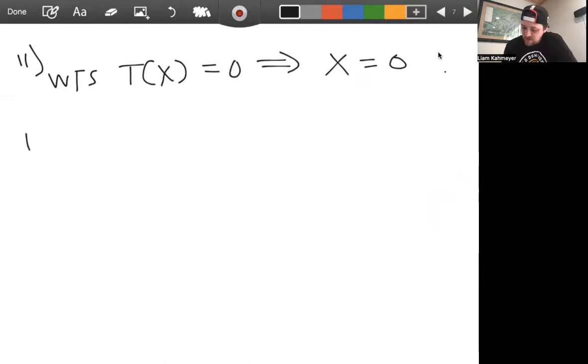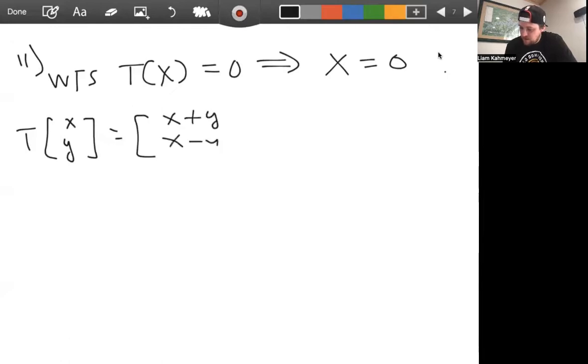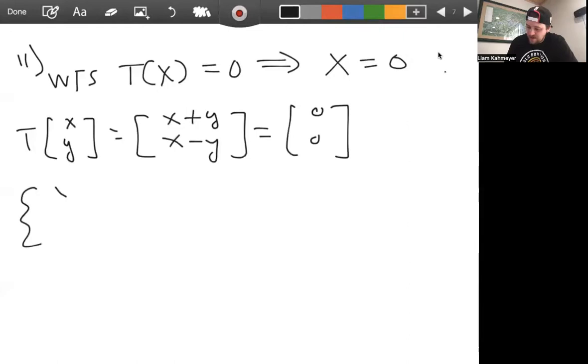Well, what does it mean that T of x is 0? That means T of (x, y), which is (x plus y, x minus y), is equal to (0, 0). Which means we have the following system of equations: x plus y equals 0, x minus y equals 0.